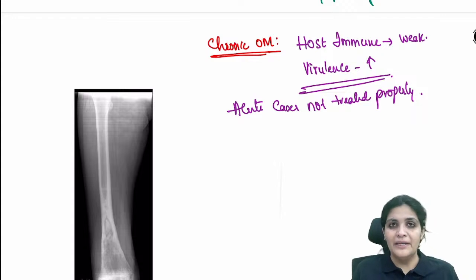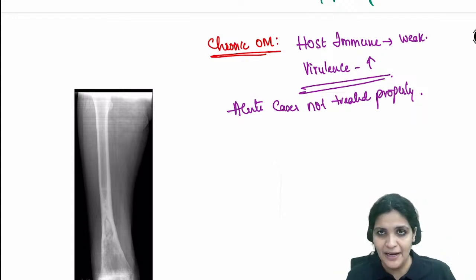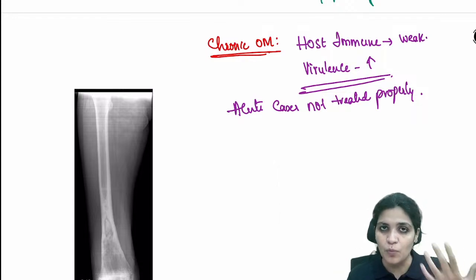The word chronic means it is more than 2 weeks, right? So the infection has started and it is more than 2 weeks.